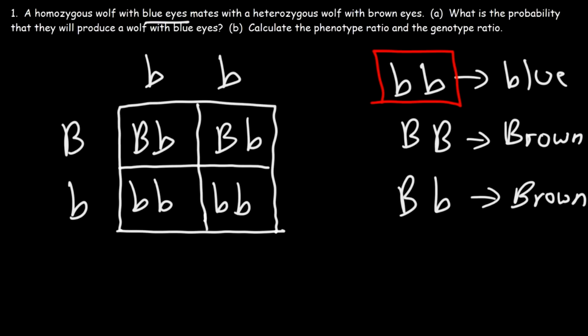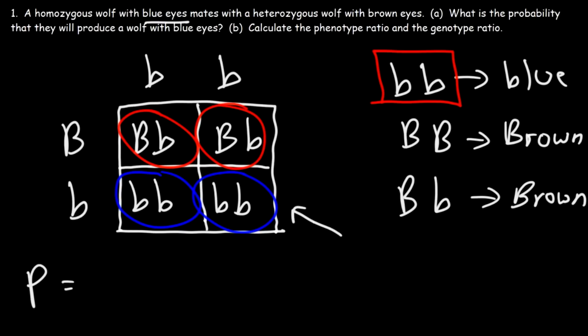So what is the probability that they will produce a wolf with blue eyes? So this represents the genotype of a wolf with blue eyes, and these genotypes represent a wolf with brown eyes. So to calculate the probability, you look at how many have been chosen.